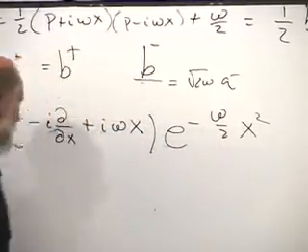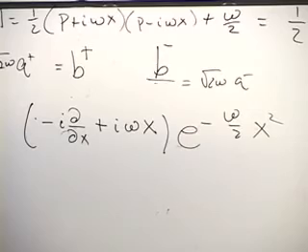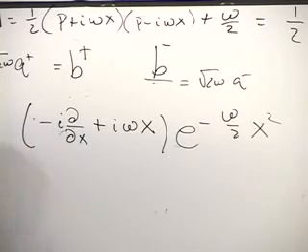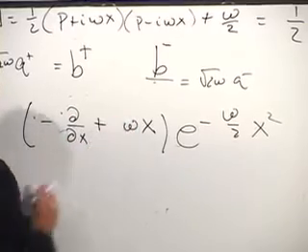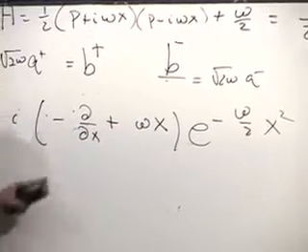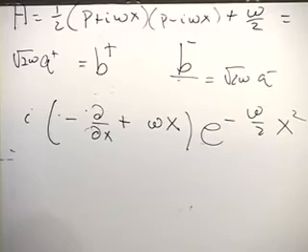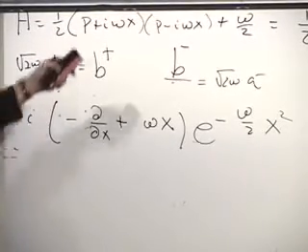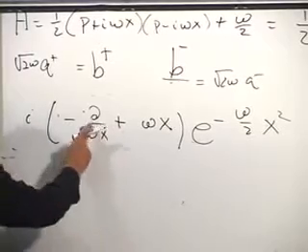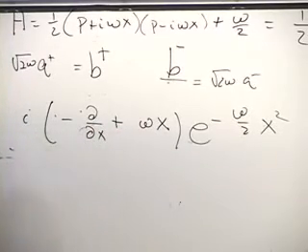What do we get? As I remember, let's first take out the factor of i. Minus d by dx gives us a factor of minus omega x. Both of these give us omega x.